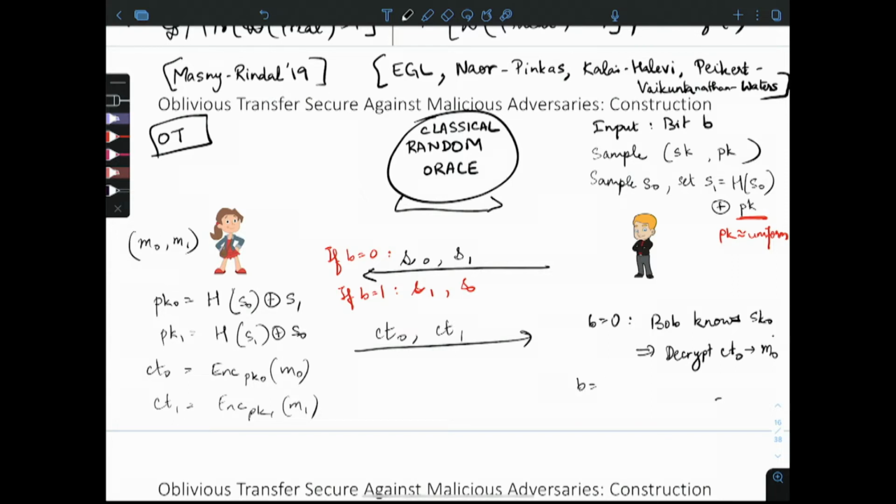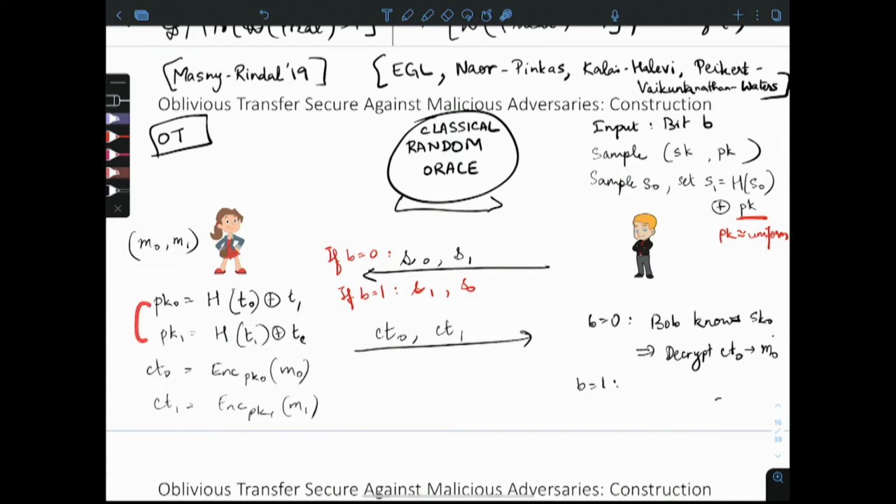On the other hand, if Bob's bit B was 1, now Bob has sent S1, S0, which means let's call what Alice receives T0, T1.